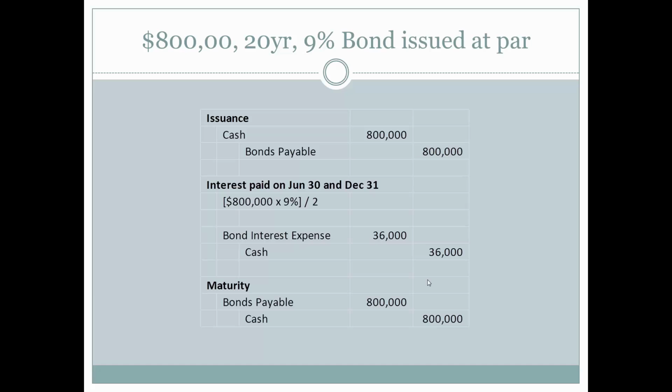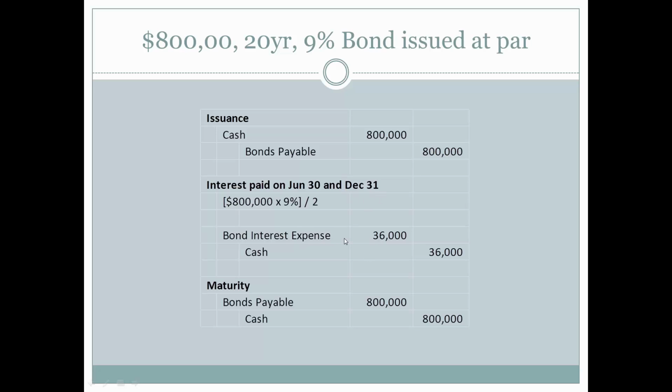Now, let's look at the interest expense journal entry that would be recorded both on June 30th and again on December 31st. $800,000 times 9%, remember 9% is an annual interest rate. Since it's being paid out twice a year, we're going to divide it by 2 to recognize the journal entry for June 30th and for December 31st.